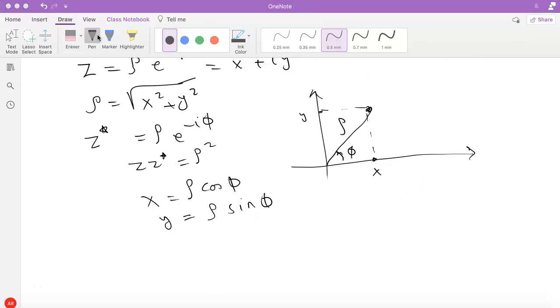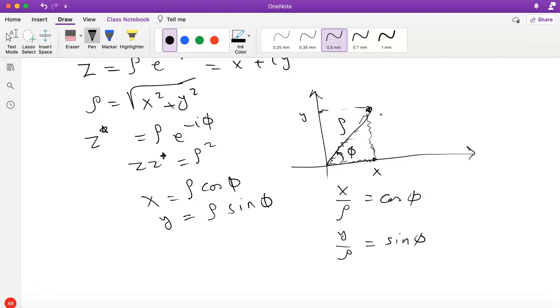If I look at this triangle here, this angle is phi, x is adjacent to phi, rho is the hypotenuse, so x over rho is going to be cosine phi, and you multiply both sides by rho, you have this equation. And similarly, this length from here to here is y, so y over rho is sine phi, right? y is opposite the angle.